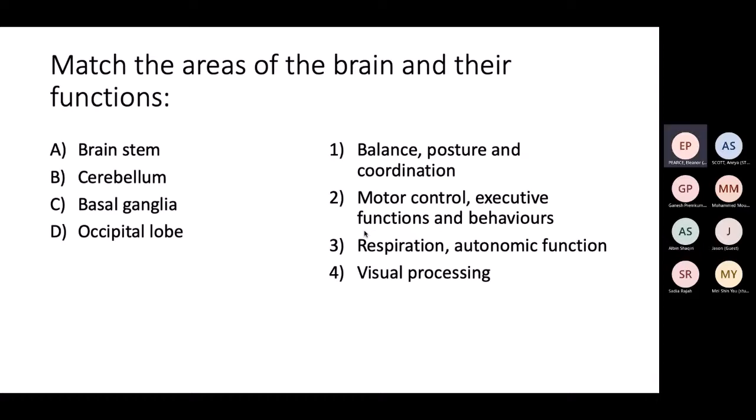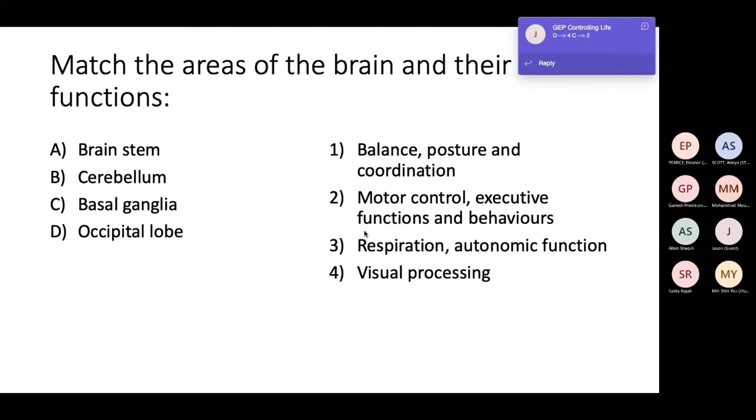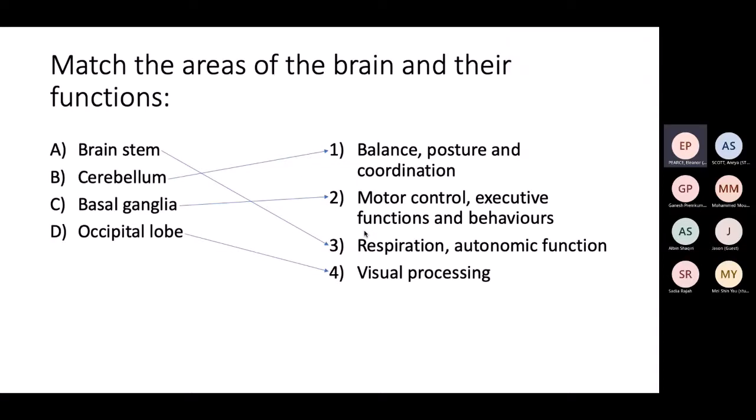Okay, or even just one or two of them. Perfect, thank you, Jason. Yeah, that's great. So D is 4, you're right, and C is 2. And then your brainstem controls your respiration, autonomic function, and your cerebellum controls mainly balance and coordination and your posture.